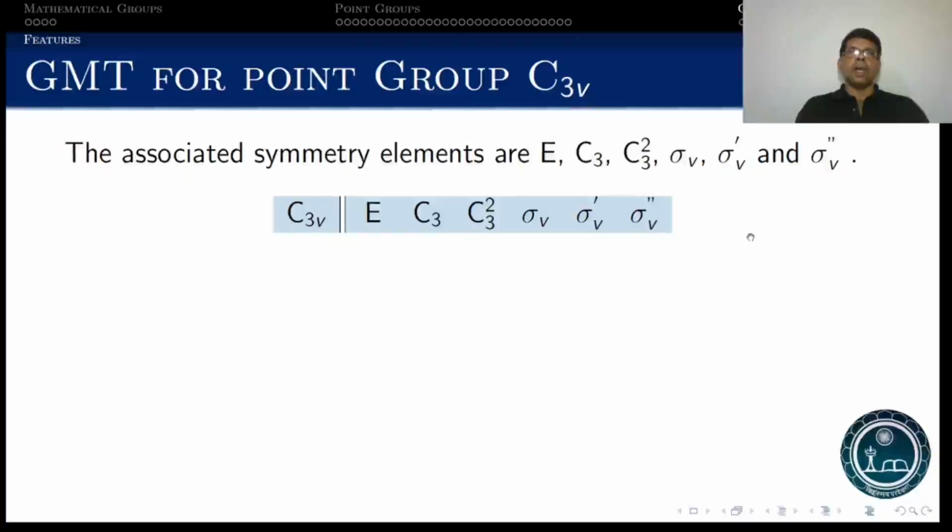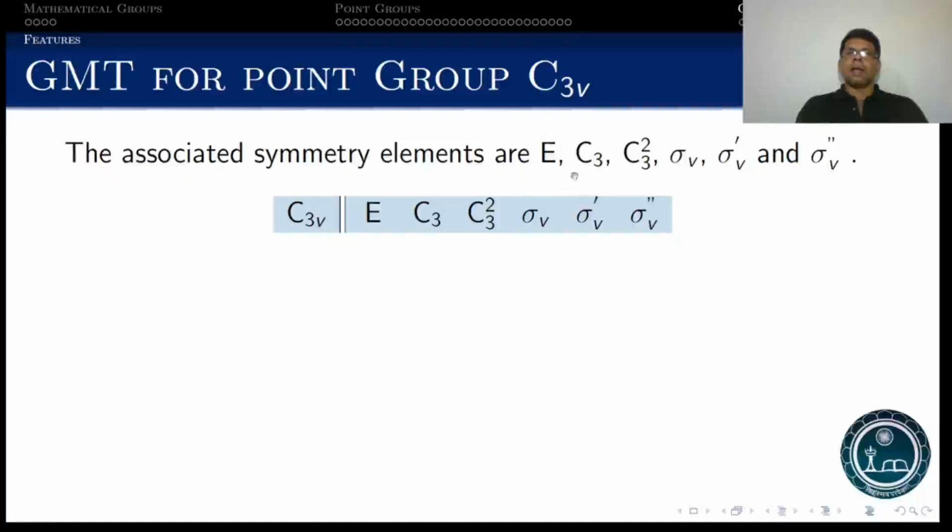It is because, in order to satisfy the closure rule, the product as well as the square of every element will be another element of the group. That is the closure rule. So, in order to satisfy it fully, you have to include this C3 square, since the value of n, 3, is odd.